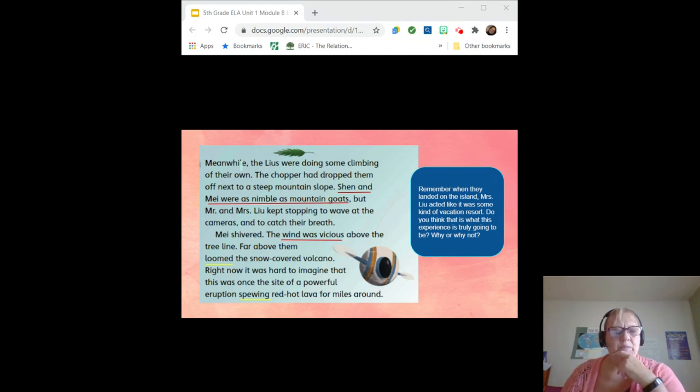It said that Shen and May were as nimble as mountain goats. Good. It does. It shows that Shen and May are in good athletic shape and they are able to climb and do the more difficult tasks physically that they may be required to do on this show.